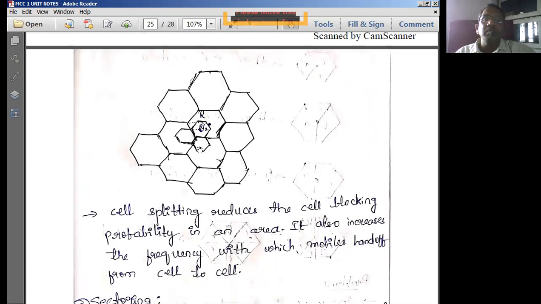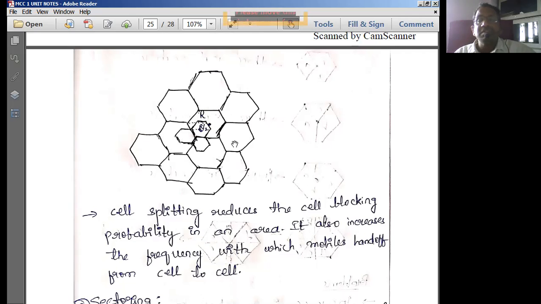So here r by 2 cell, r by 2 cell, r by 2 cell. Still, you want one more subcell. There are some regions where at some points we cannot reach the signal. Then we can have further subcells where the radius is r by 4, and one more cell r by 4.